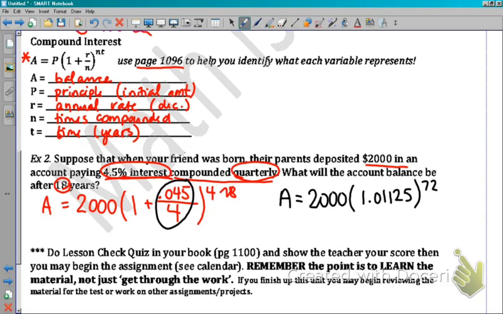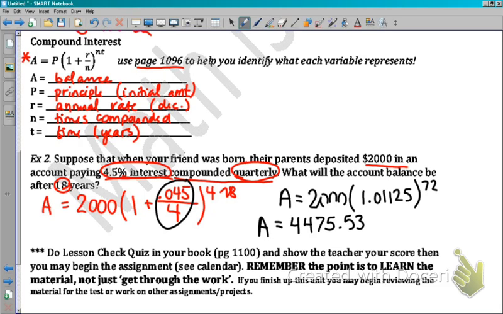So I have 1.01125 to the 72nd power. And I'm going to multiply that by 2,000. And so when this friend is 18, you will get an account balance of $4,475.53.